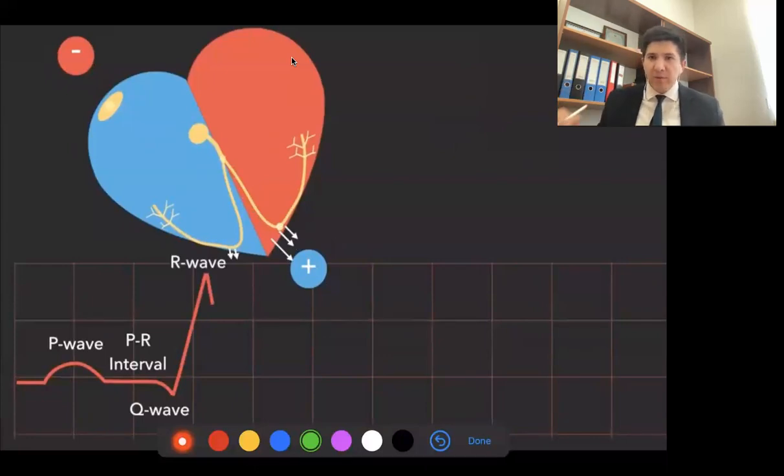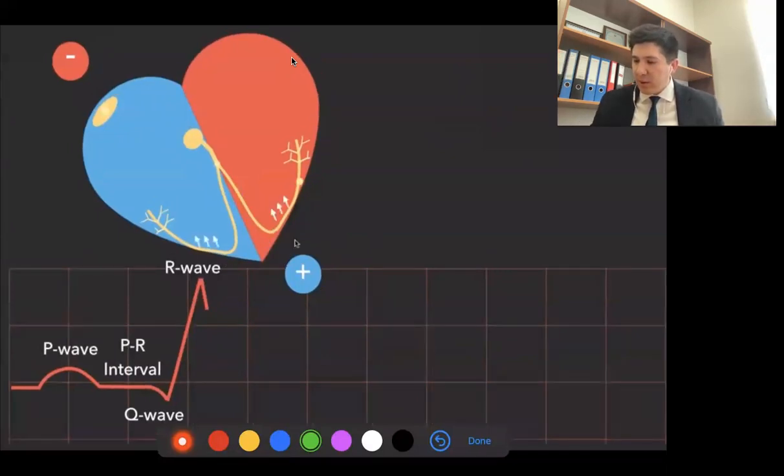So the R wave now is responsible for transmission of the signal through the bottom part of the bundle branches. So the signal now is going to move in the direction of the Purkinje fibers, right? And you may see here that the signals are moving in the direction of the Purkinje fibers.